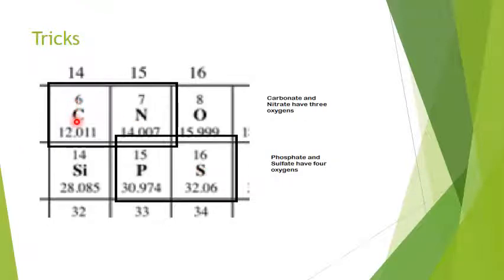So carbonate and nitrate both have 3 oxygens. CO3, 2 minus, NO3, 1 minus. These two both have O4, PO4, SO4, but they have different charges, 3 minus and 2 minus. And then the odd guy, hydroxide, OH minus.